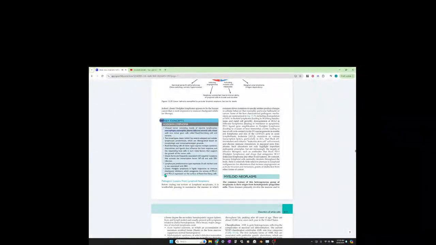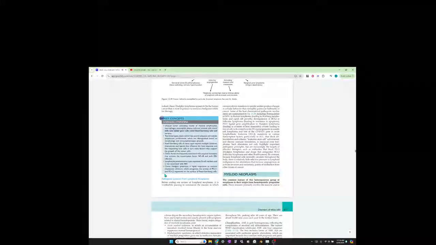Key concepts. Hodgkin lymphoma is an unusual tumor consisting mostly of reactive lymphocytes, macrophages, eosinophils, plasma cells, and stromal cells mixed with rare tumor giant cells called Reed-Sternberg cells and variants. There are 2 broad types, classic and nodular lymphocyte predominant, which are distinguished based on morphologic and immunophenotypic grounds. Reed-Sternberg cells of classic types express multiple cytokines, chemokines, and ligands that influence the host response, and the responding host cells in turn make factors that support the growth of the tumor cells.